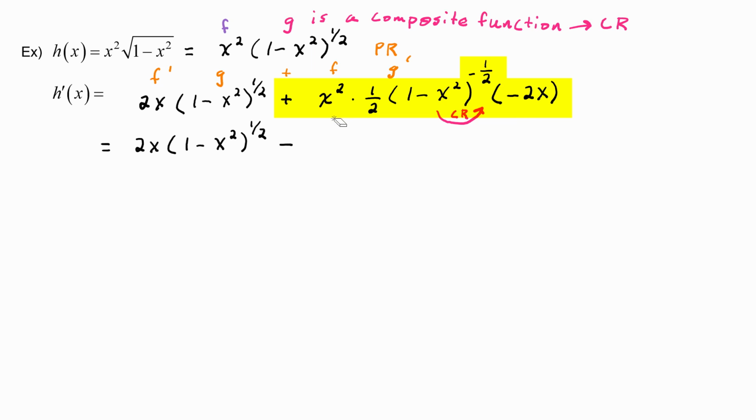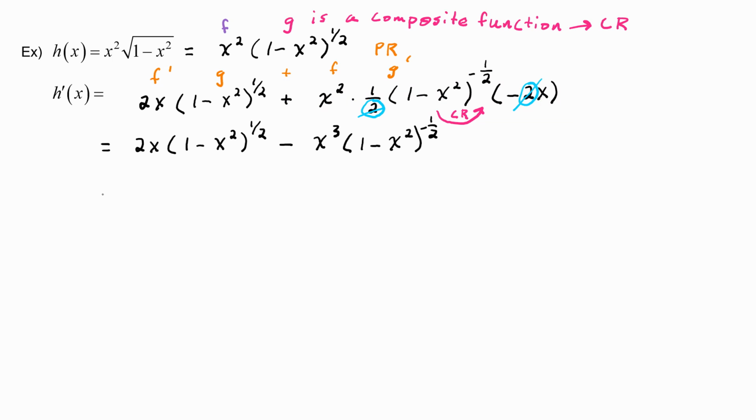We've got an x squared times an x. That's going to be an x cubed. And we see that the 2 in the denominator here will cancel with the 2 up here. And then we have left this quantity 1 minus x squared to the negative 1/2 power.